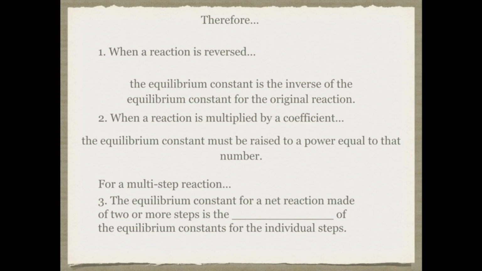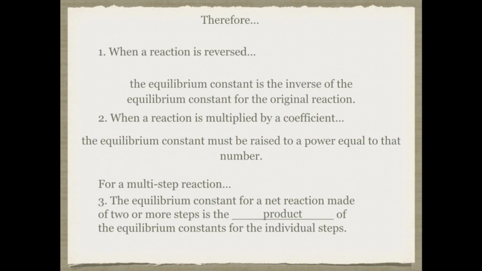So in the example, I multiplied my reaction by 2, therefore I needed to raise my equilibrium constant to the power of 2. Finally, if I have a multi-step reaction, the equilibrium constant for the net reaction made of 2 or more steps is simply going to be the product of the equilibrium constants for those individual steps.